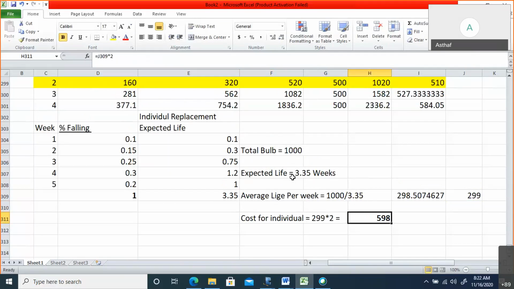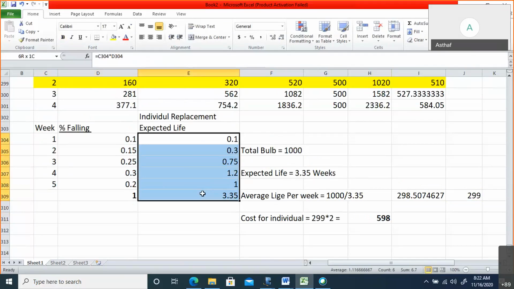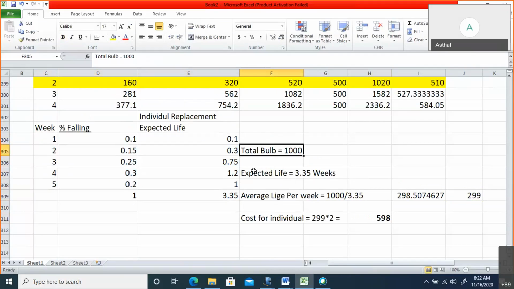So I will repeat once again. We have the week, the percentage failure we have to make. Expected life we have to make. We have total bulbs, expected life, average life. Some of the friends are very fast, they have found the answer already. 3.35, that will be 299.